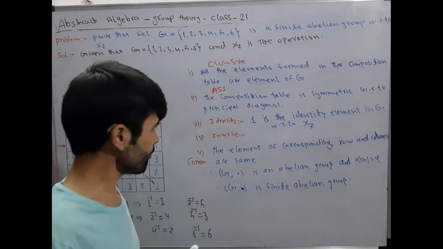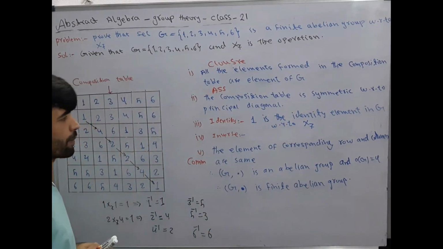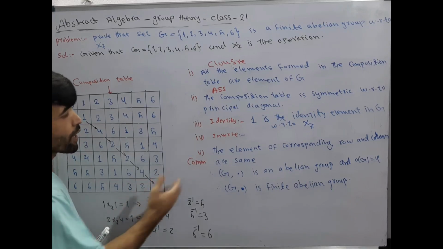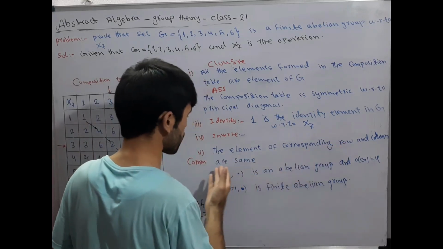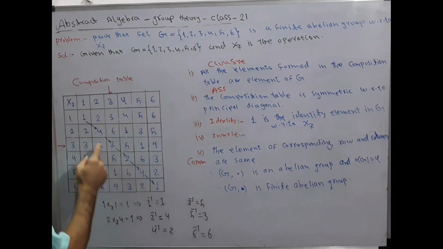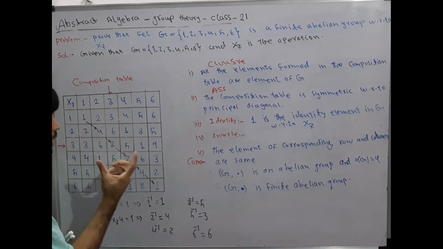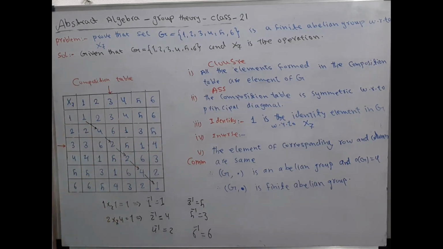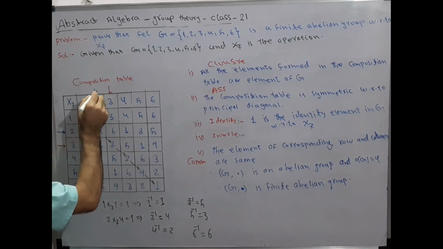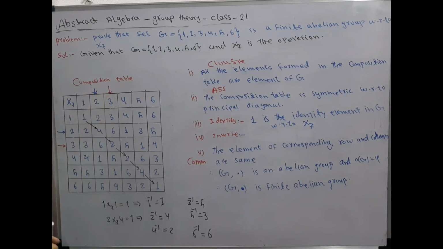Number 5, commutative axiom. The elements of the corresponding row and column are the same. It means if we choose any row and the same column, they have the same elements. For example, if we choose the second row and second column, they have the same elements: 2, 4, 6, 1, 3, 5.